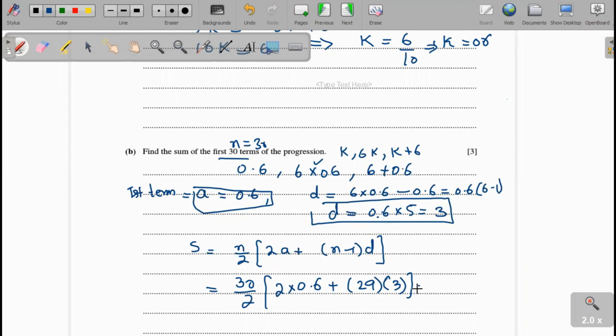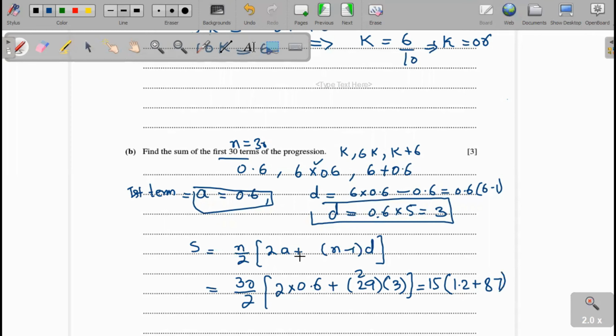Now that is equal to 15 into (1.2 plus 3 times 29, which is 87).